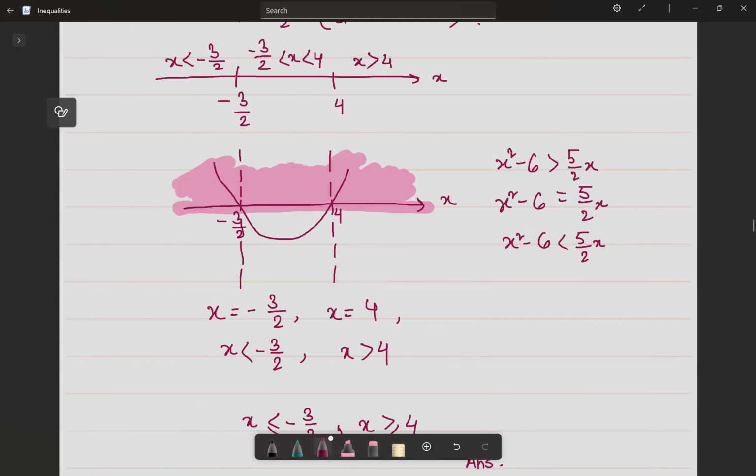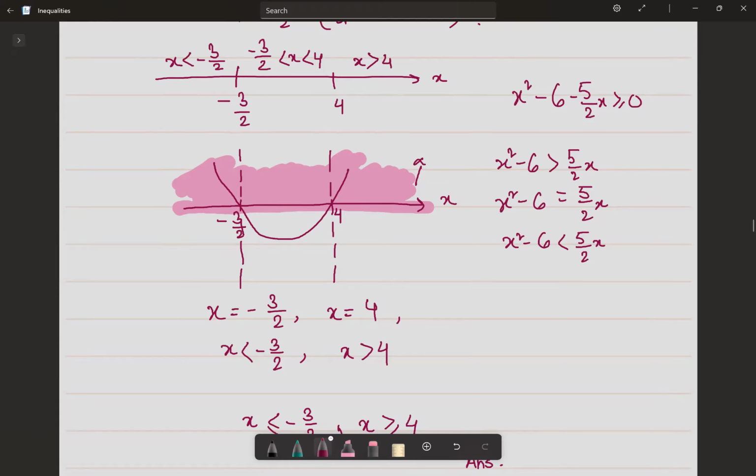And now we know that for the graph, any point on this line represents an equation. For above the line, we have x square minus 6 greater than 5 by 2x. Why? Because when we solved, we wrote the equation like this, where we had x square minus 6 minus 5 by 2x. We can write greater than 0. So if 5 by 2x stays on the left hand side, it doesn't make any difference.